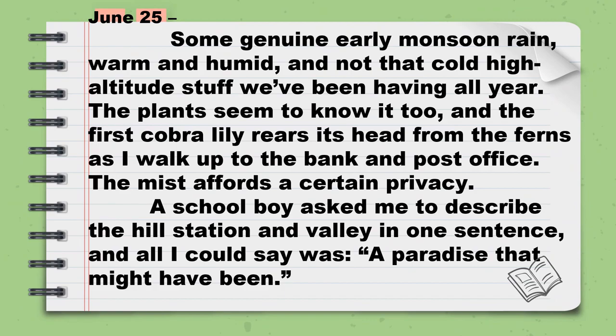The plants seem to know it too, and the first cobra lily rears its head from the ferns as I walk up to the bank and post office. The mist affords a certain privacy. A schoolboy asked me to describe the hill station and valley in one sentence, and all I could say was a paradise that might have been.